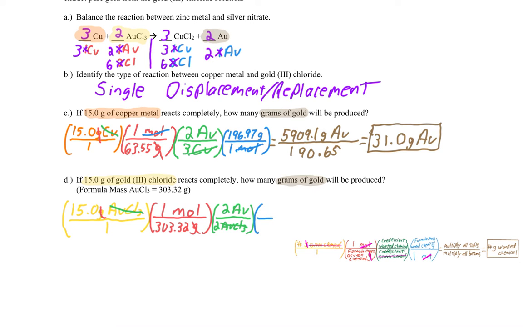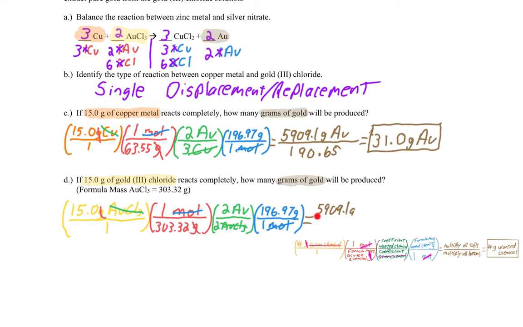Now my final step, I got to get back to grams. 1 mole goes on the bottom to cancel out my moles. The formula mass of Au is 196.97. It's the same as it was here because Au is still Au. Multiply my tops, 15 times 1 times 2 times 196.97.